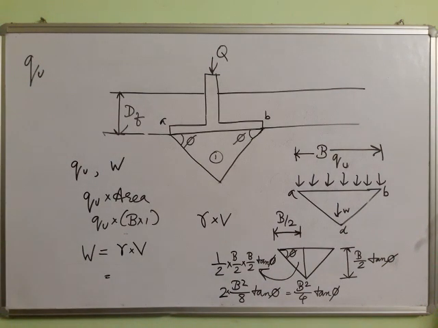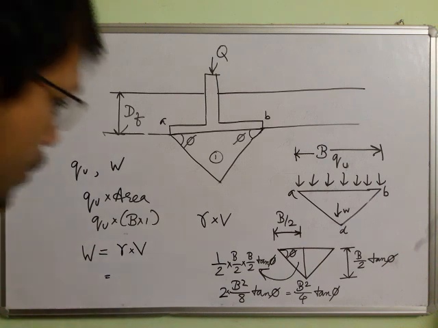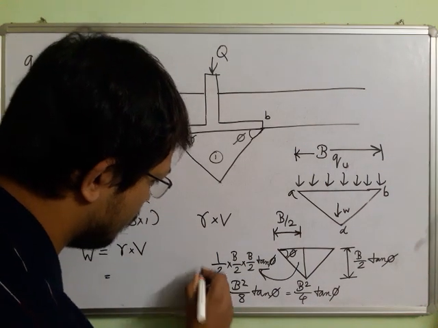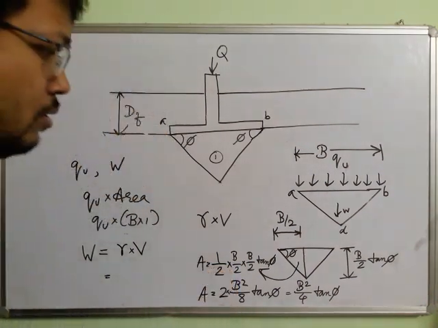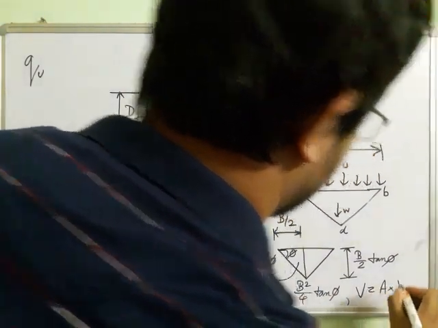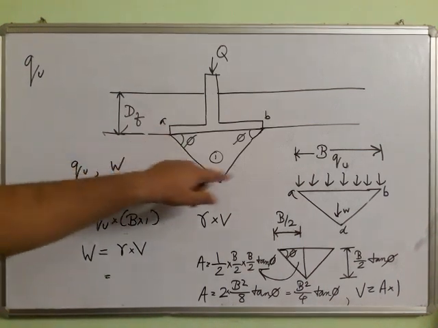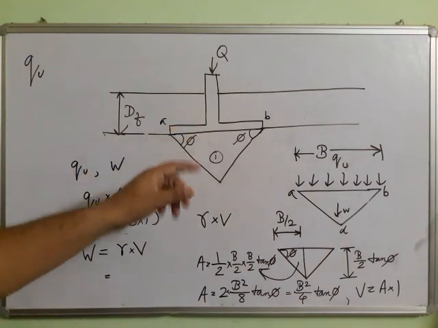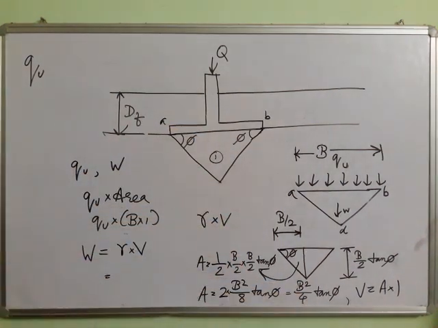So b square by 4 tan phi we have got, that is the area. Then if I want to find out the volume, this area into unit thickness will be the same, b square by 4 tan phi.